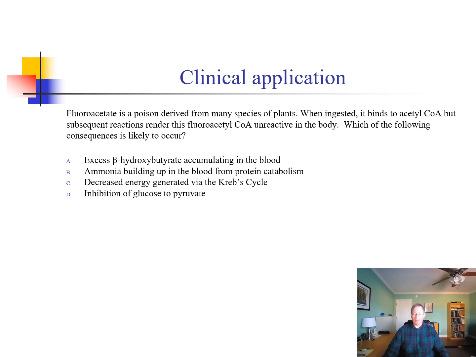Which of the following is likely to occur if you are poisoned by this fluoroacetate? Do you generate excess beta-hydroxybutyrate? Do you have ammonia that builds up in the blood from protein catabolism? Do you have decreased energy generated via the Krebs cycle? Or do you inhibit glucose conversion to pyruvate?